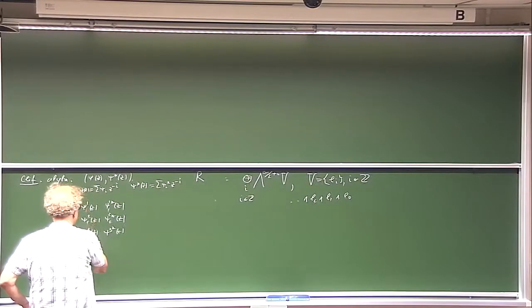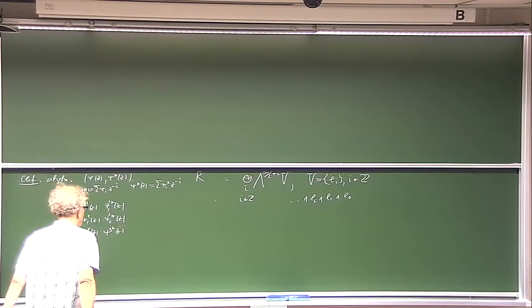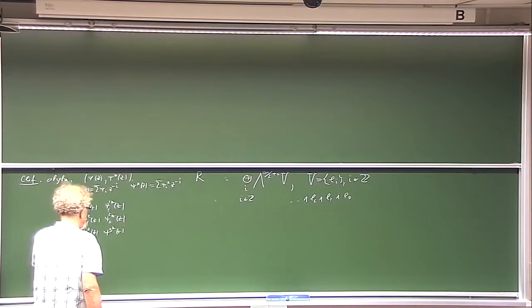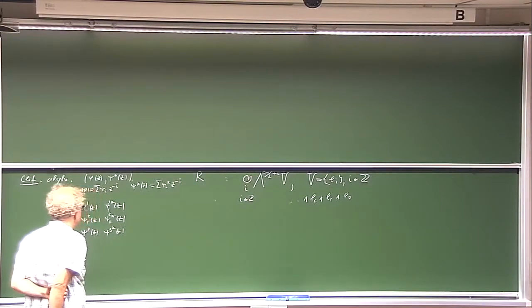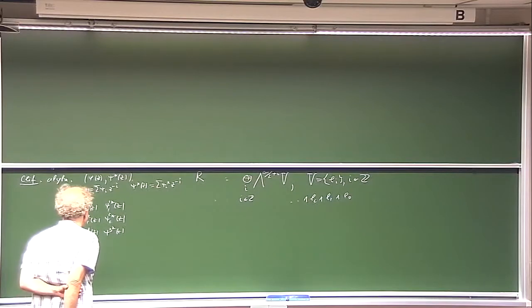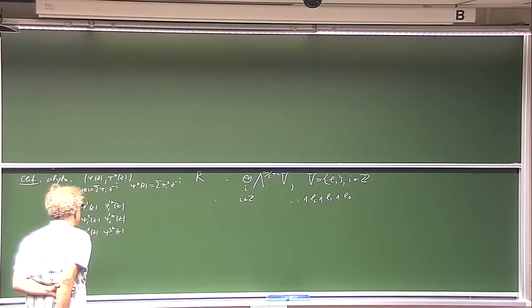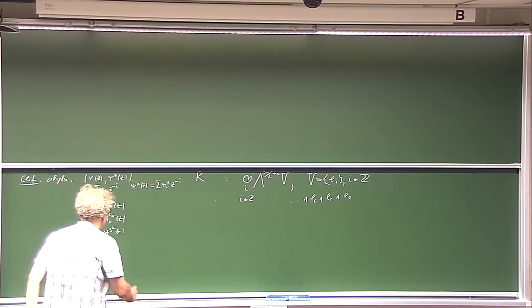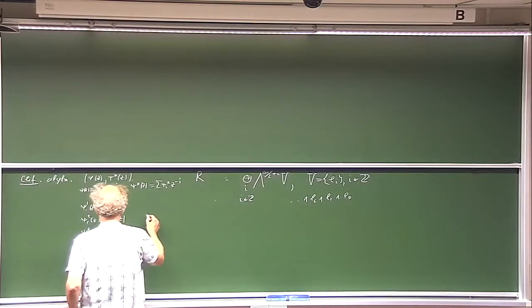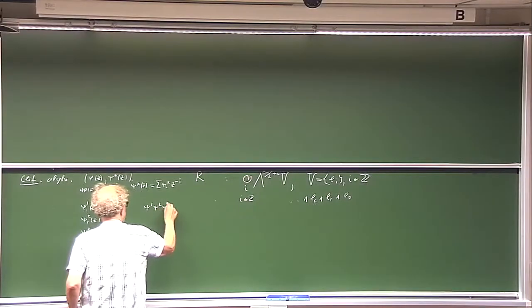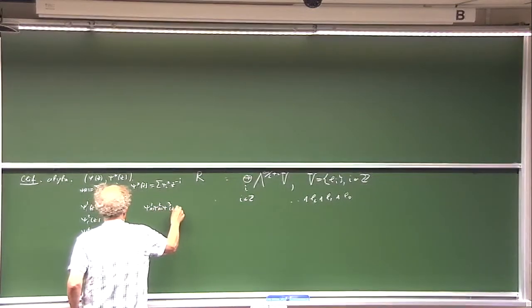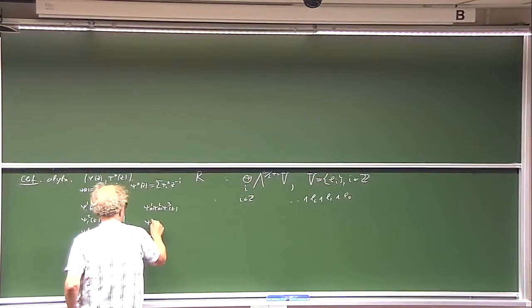For 3, I consider a bigger algebra, the Clifford algebra generated by these, and I can take in this algebra the subalgebra generated by psi1, psi2, psi3, all depending on z, and also the same with the star.